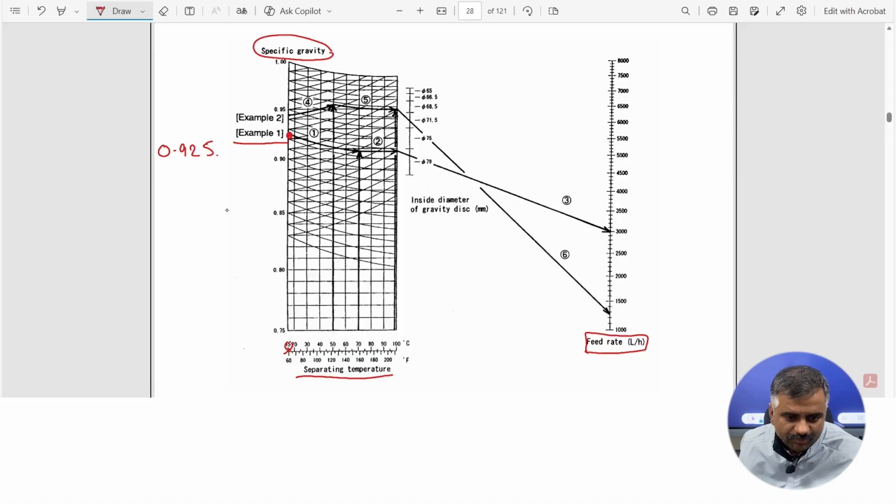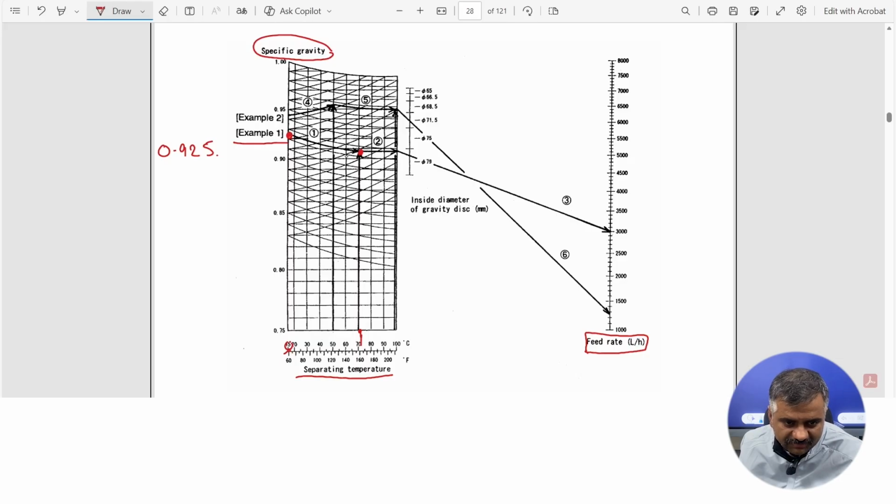Okay, and we are aware that we will keep the separation temperature at 70 degrees centigrade. So this is the line for 70. This point is the 70 degrees centigrade here. Now what we have to do is match the specific gravity line.